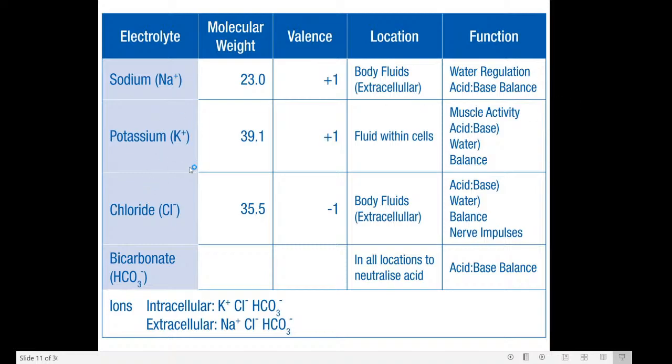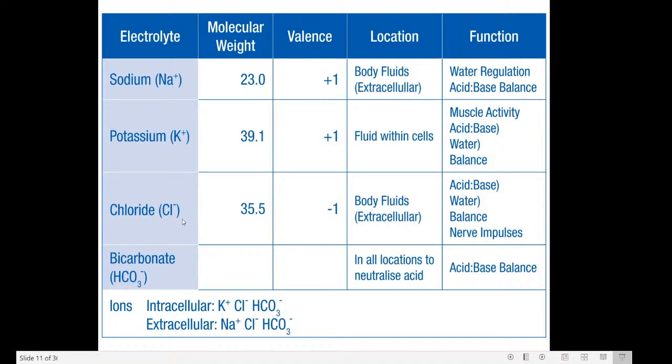Then potassium ions also play a function. It is also an electrolyte, present in the fluid within the cell. We know potassium ions are present inside the cell. These ions support muscle activity, acid-base and water balance.